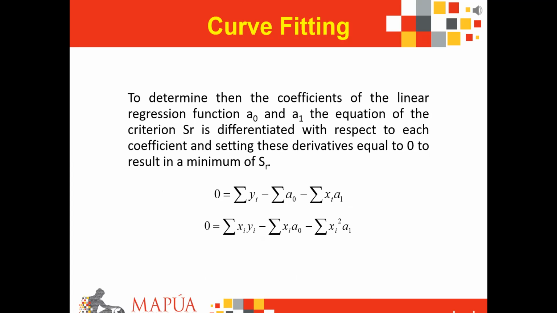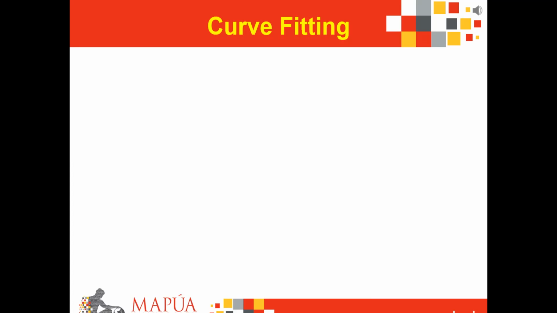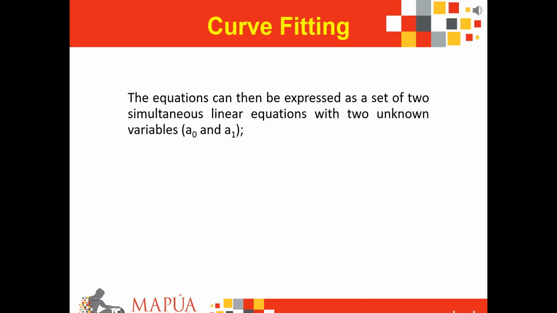If you transpose all the negative summations to the other side of the equation, you would simplify the system of linear equations and replace summation A0 with nA0. Thus, the equation now becomes like this and this, ending up with a system of linear equations for two unknown variables, namely A0 and A1.